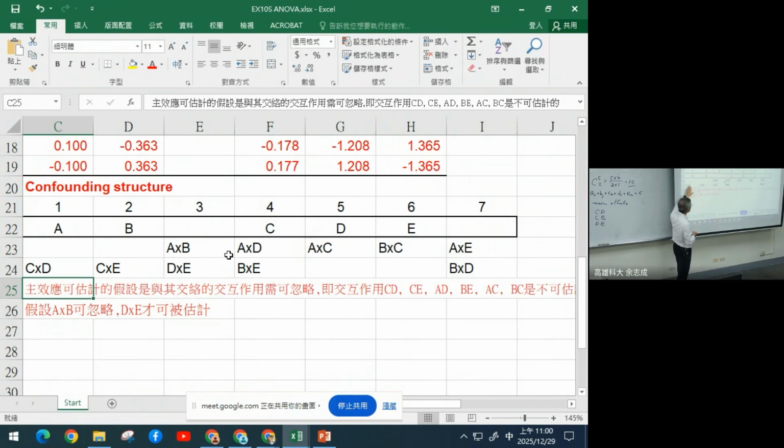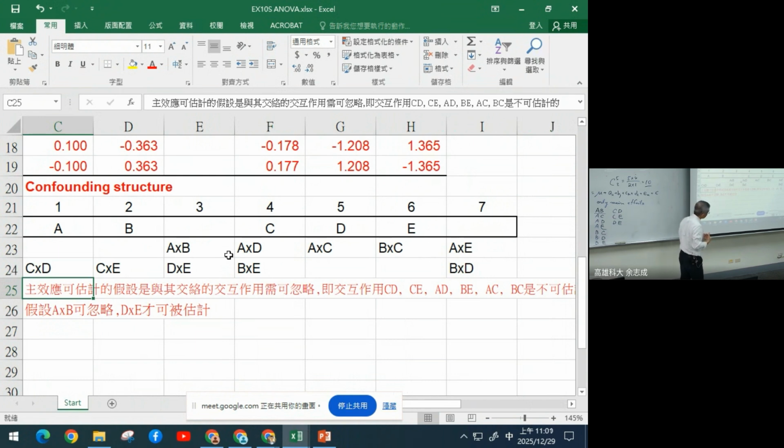So if you calculate CD, it will be incorrect because you're already using that sum of squares to estimate A. This is why the assumption is that this interaction has to be negligible. So if you look at some paper that analyzes the interaction CD, if the arrangement is like that, you will know the analysis of this interaction, or the ANOVA, will be incorrect.